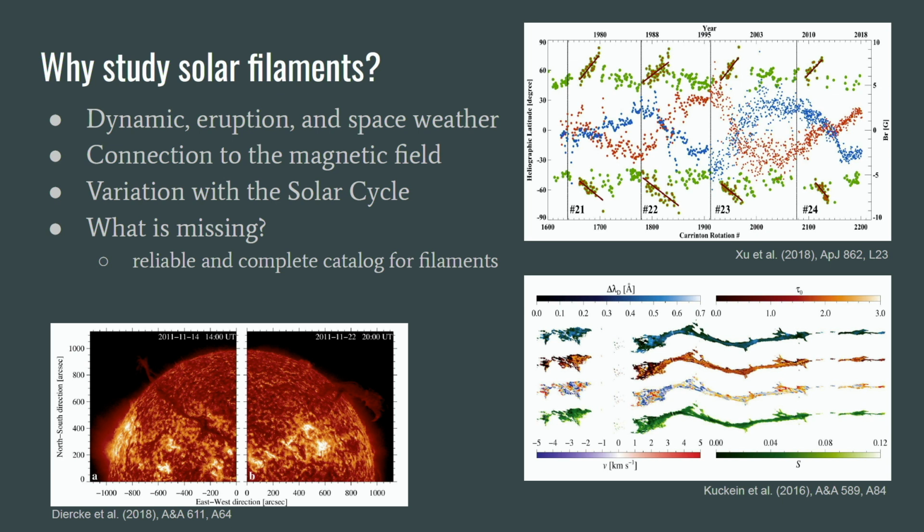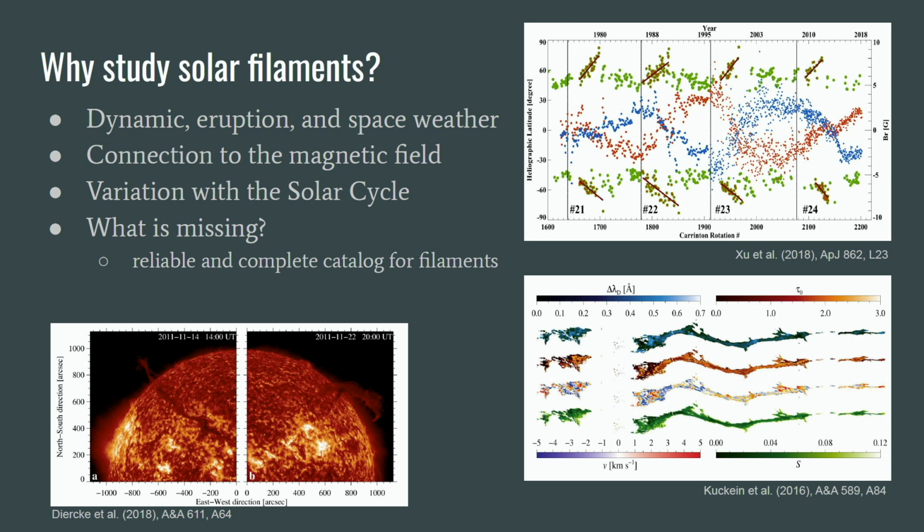So at around minimum they form at mid-latitudes, and towards the maximum they form closer to the poles, and there you see this rush to the pole on both sides for polar filaments. And this is exactly what I'm interested in in my research, and why I started this study actually.